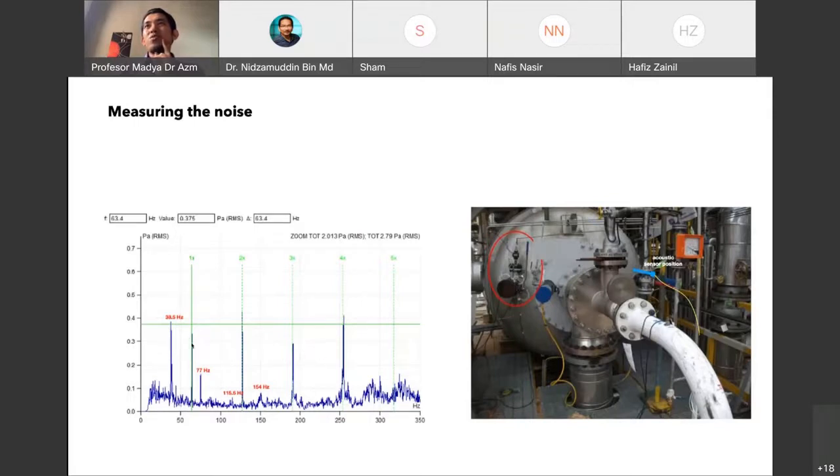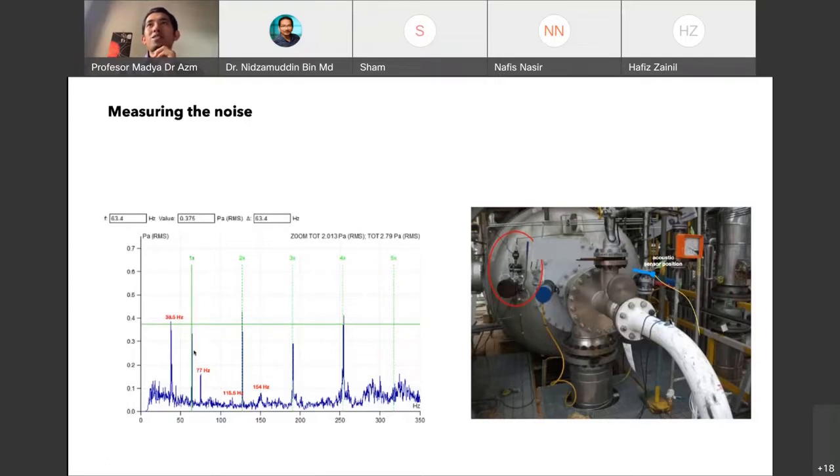So what does it mean? It means the source of the 63 hertz comes from the process inside the chamber. The 38.5 hertz peak is the noise from the incinerator, the previous one. Because we measure noise, all the noise comes into the acoustic sensor and we cannot separate it, but we can see the frequency, so this one we're not interested in.